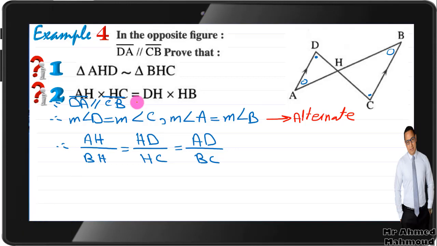Okay, by looking carefully at the proportion, here AH and HC are opposite to each other, and HD and HB are opposite to each other.